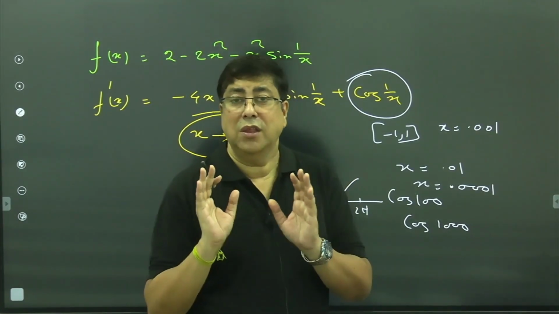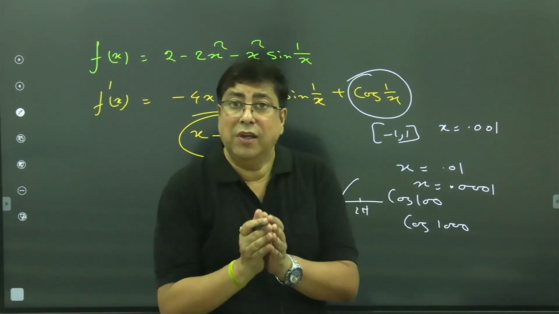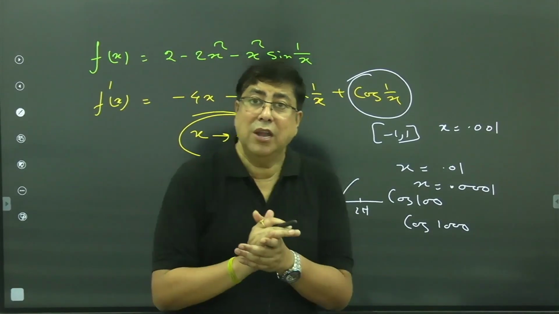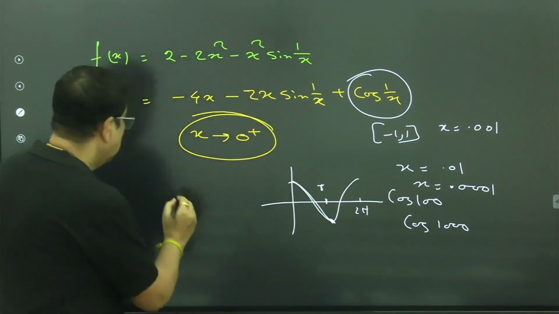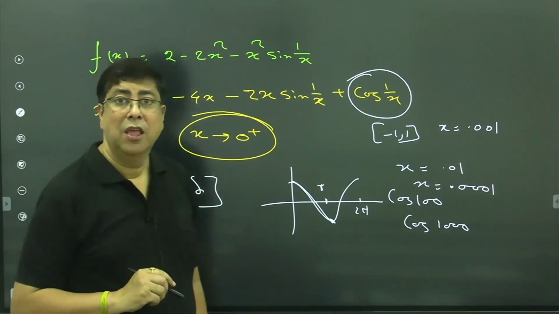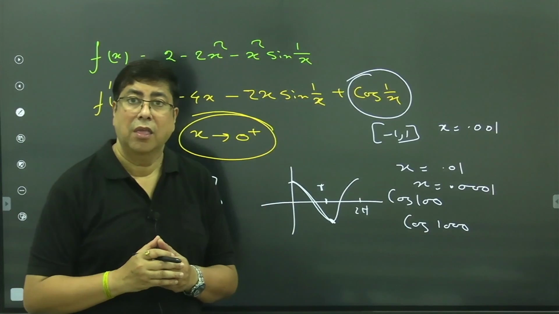So everybody, there is no chance that we can decide any interval delta. Once again I am telling you, delta should be properly finite, 0 to delta, the interval should be properly finite, but where is that?